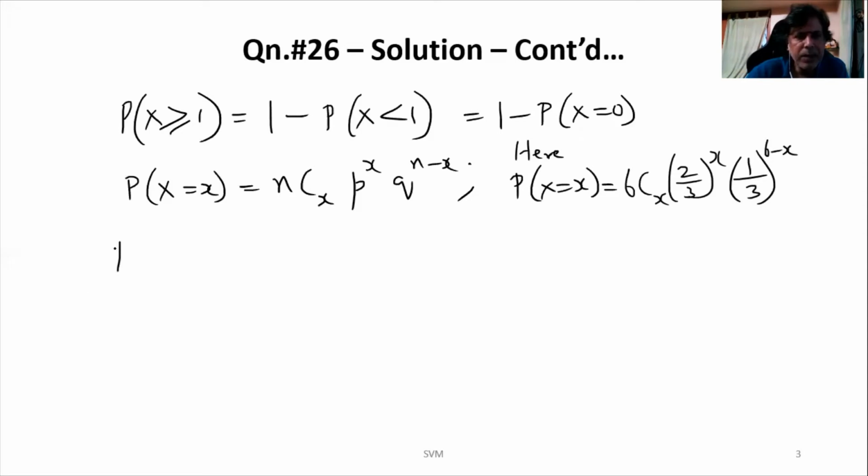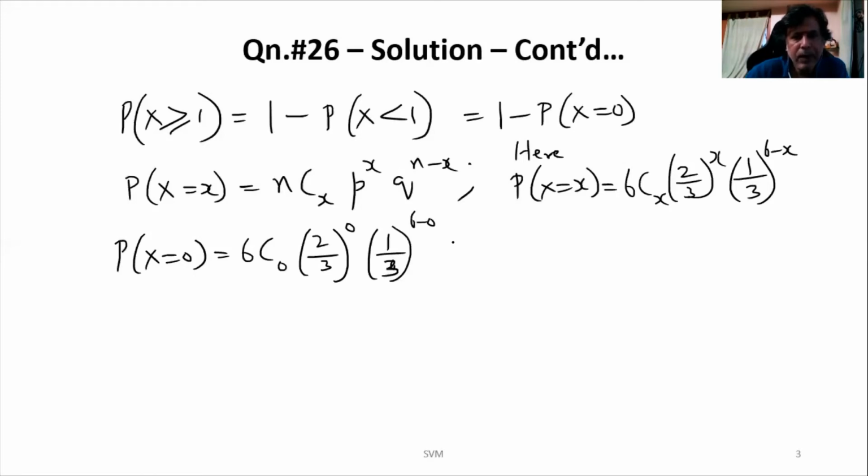So now we are supposed to find the probability of x equal to 0. Substitute wherever x is there with 0. So we get this. 6C0 is 1. 2 by 3 to the power of 0 is also 1. Then this will be 1 by 3 power 6.